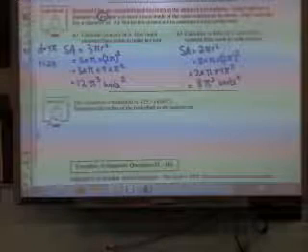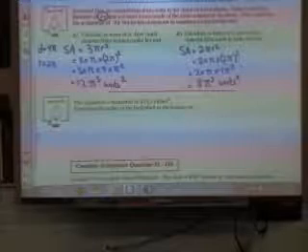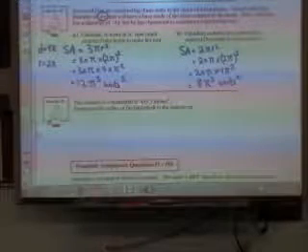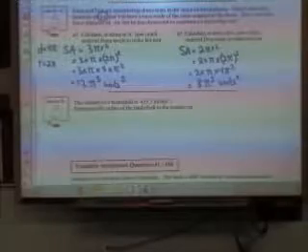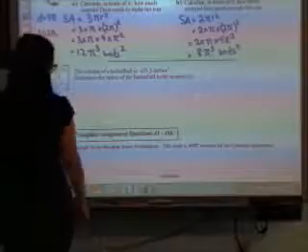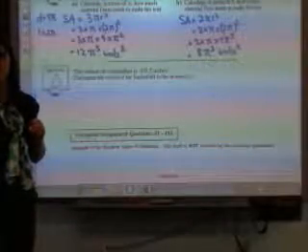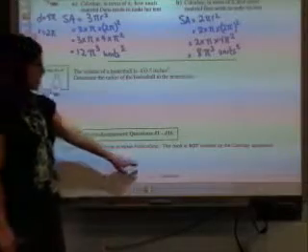Class example number 5, we have to work backwards. The volume of a basketball is 433.5 cubic inches. Determine the radius. So what should I start off with?